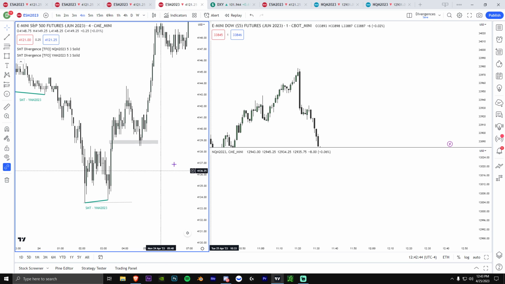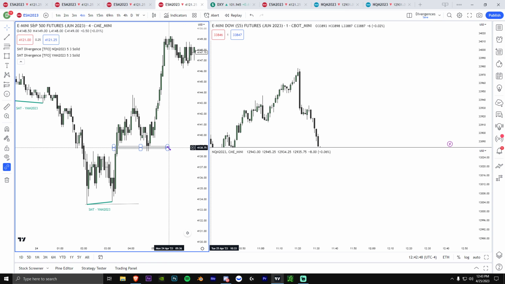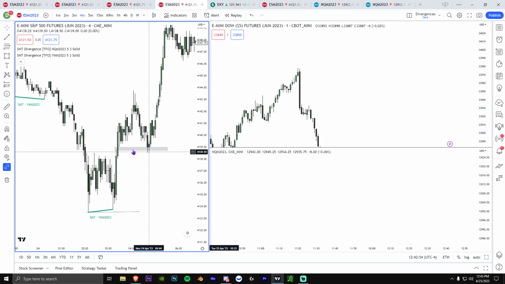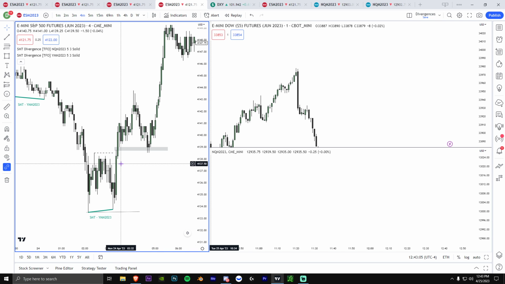The important thing about an SMT is there are going to be a lot of SMTs forming live time, but it's not actually a setup until you get the 2022 model. This is the 2022 model. You can see a clear break and market structure shift right here. So you wouldn't really get the SMT until we break this, which is important to note.